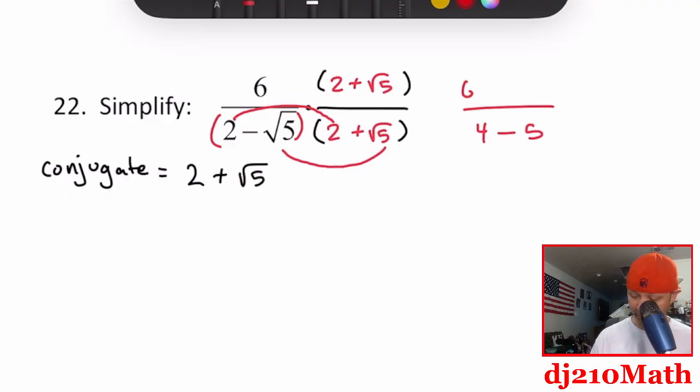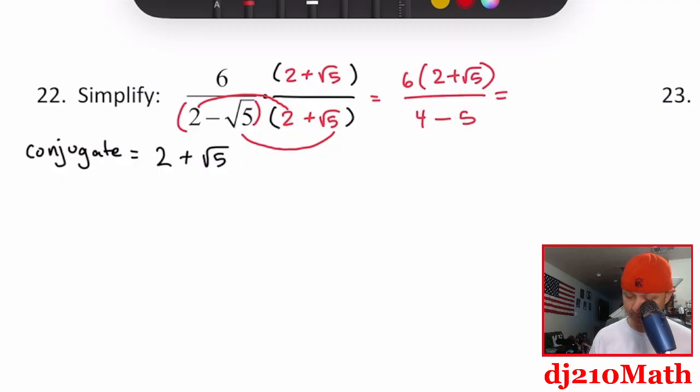And then up top, we have 6 times 2 plus root 5. I'm going to leave the 6 out just in case something happens and it can cancel. In this case, it's not. But our final answer is going to be 6 times 2 plus root 5 over negative 1.